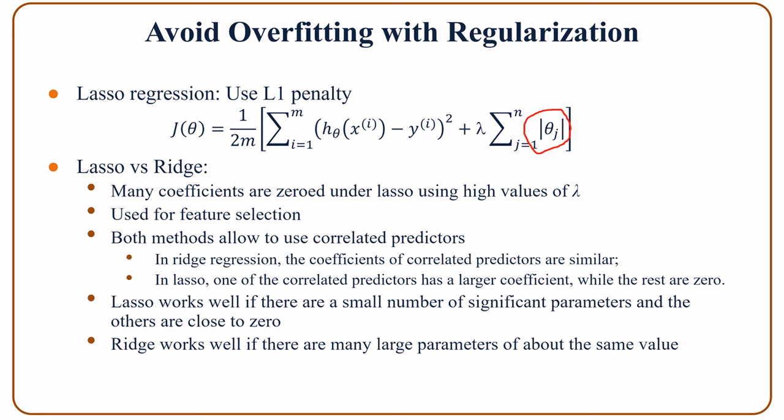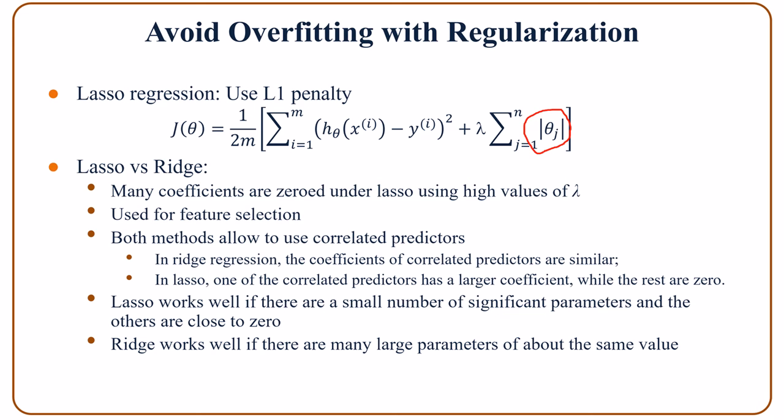Comparison between lasso and ridge regressions. In lasso regression, many coefficients are zero under lasso with high values of lambda. Due to these characteristics, lasso regression is typically used for embedded feature selection.